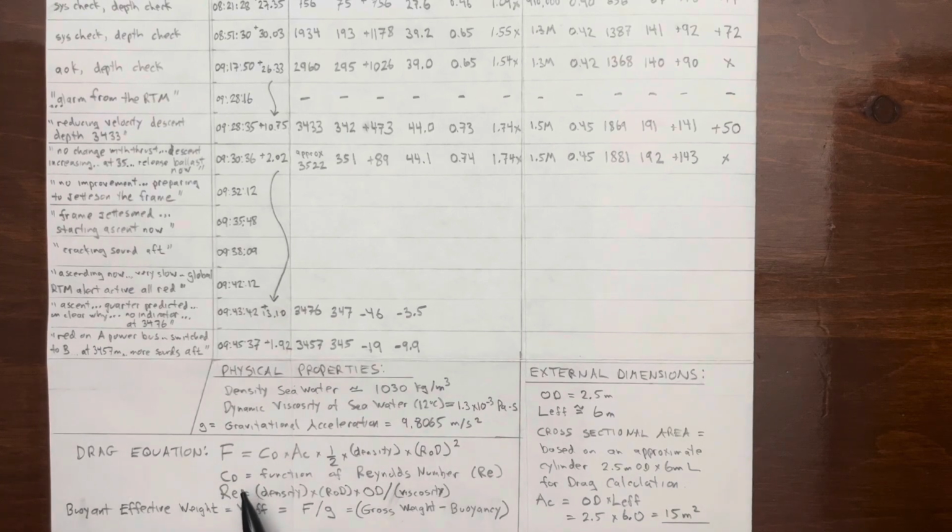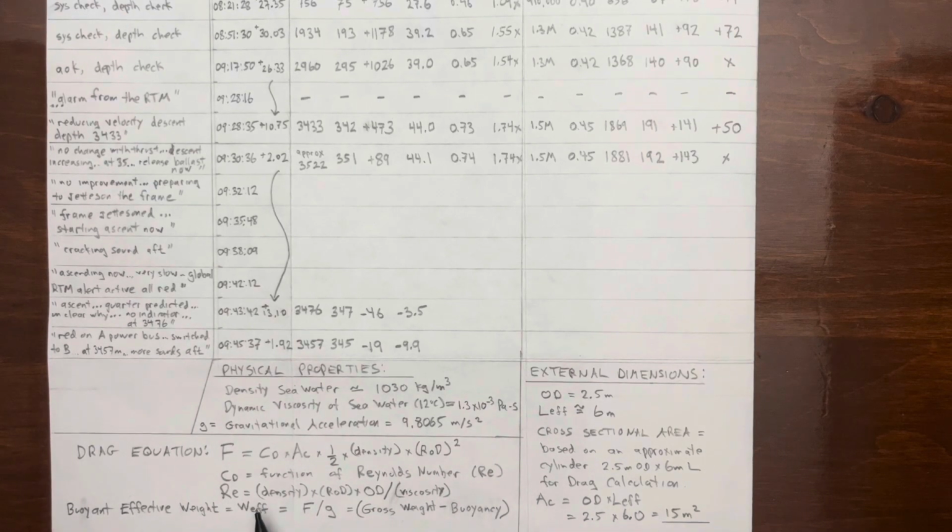The coefficient of drag is going to be a function of shape and Reynolds number. And Reynolds number is just a fluid mechanical dimensionless quantity, which is density times velocity times diameter divided by viscosity of the fluid.